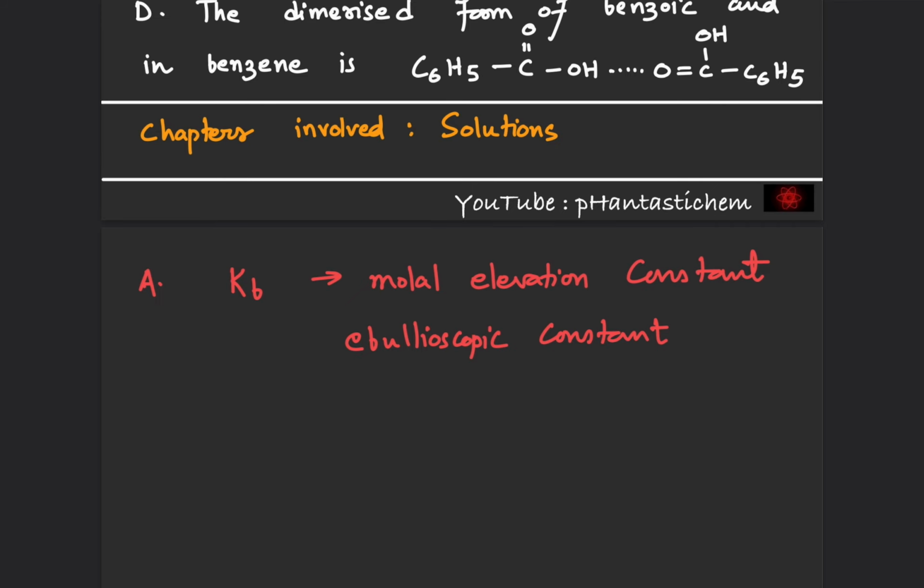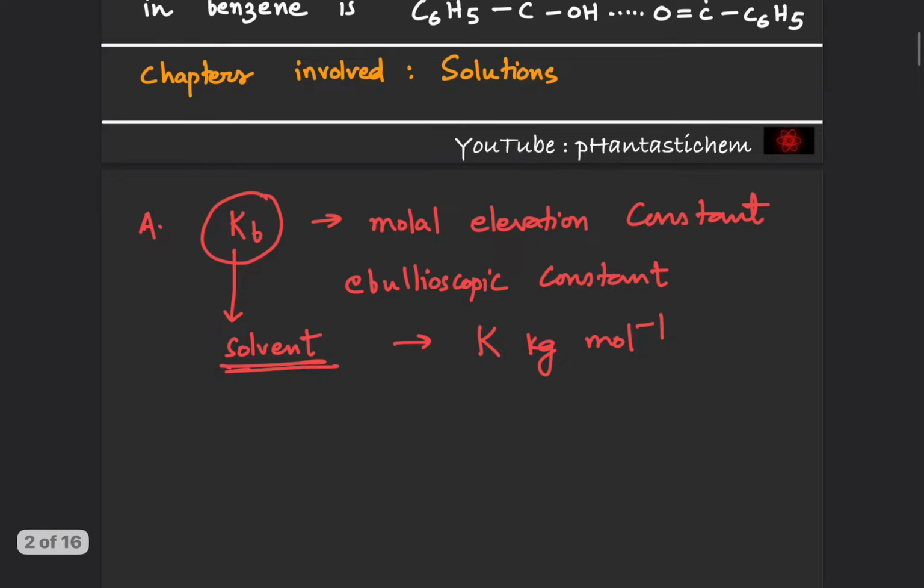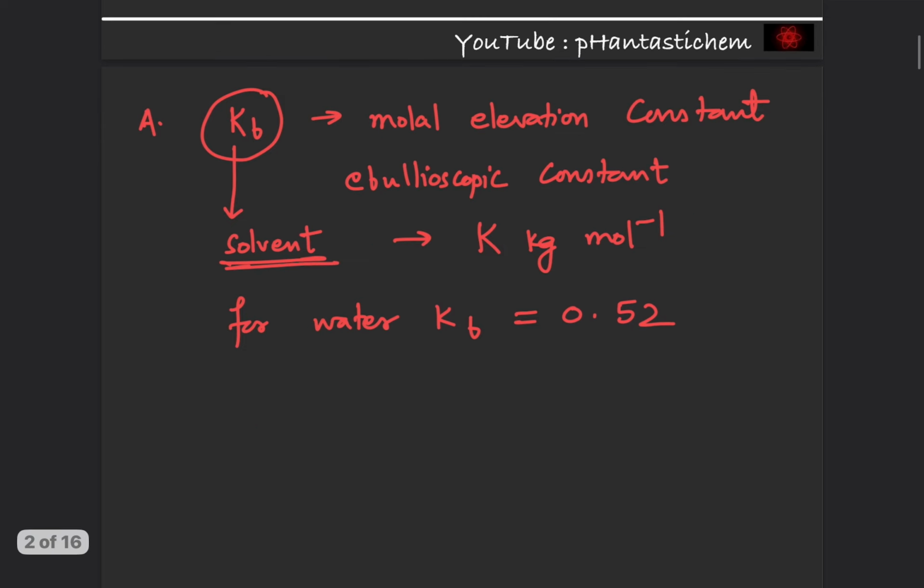And always remember, Kb is always calculated for the solvent. It is always a value for the solvent. It does not make any sense for the solute. Its unit is Kelvin kg mole inverse. And for water, if you are using water as a solvent, Kb is 0.52.